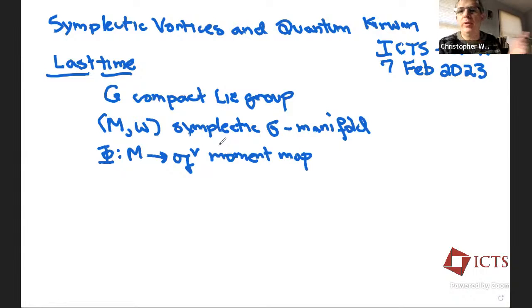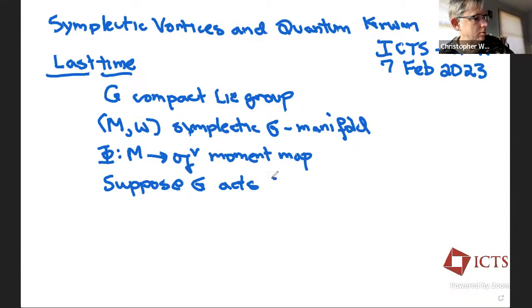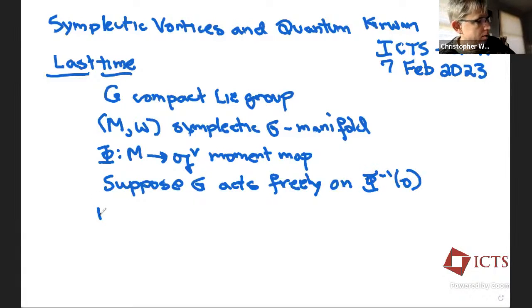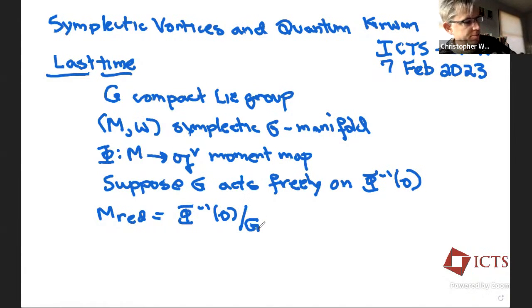So we were talking about the notion of symplectic quotient, and in particular the case of toric varieties. The theorem was that suppose that G acts freely on the zero level set of the moment map, then the symplectic quotient, which is the zero level set mod G, is also a symplectic manifold.